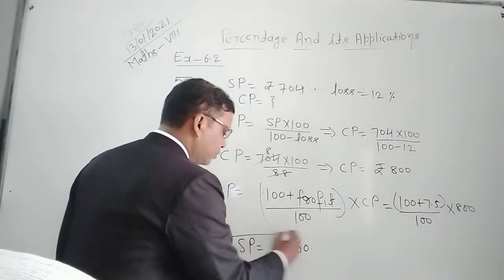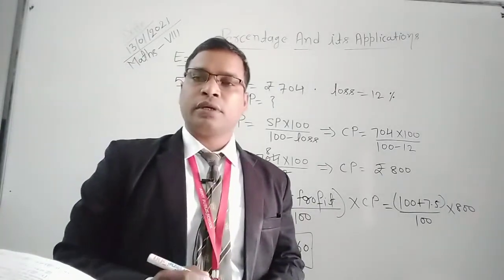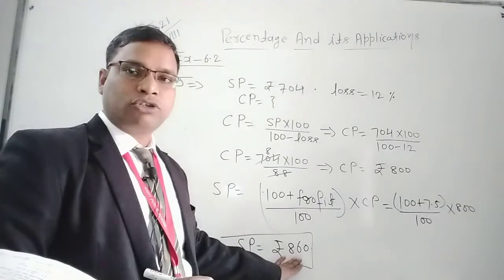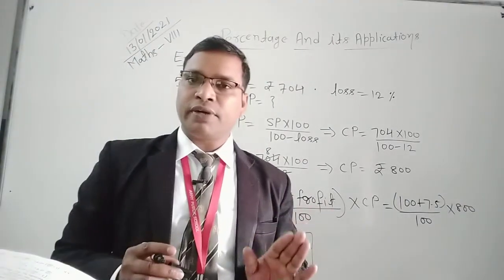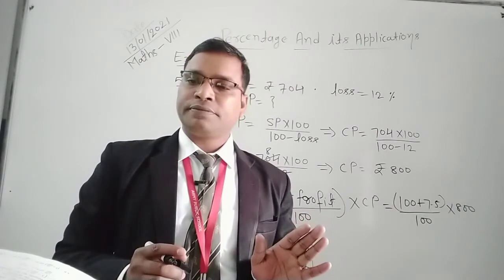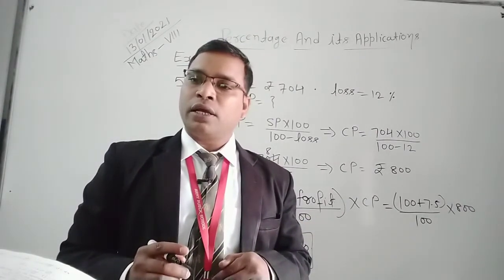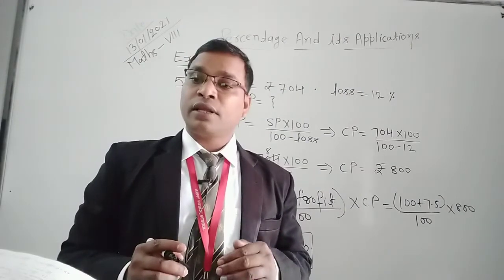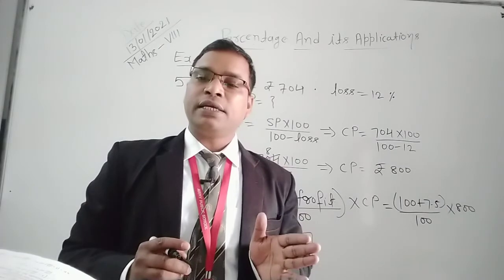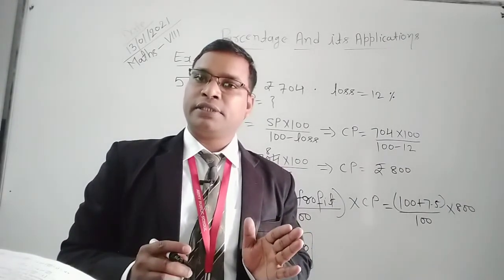860 rupees. Okay. So student, you can see the selling price of the bag is 860 rupees. In this question, first we find the cost price of the bag. Cost price of the bag is 800 rupees. After this, the question asked us at what price should he sell it to gain 7.5%.